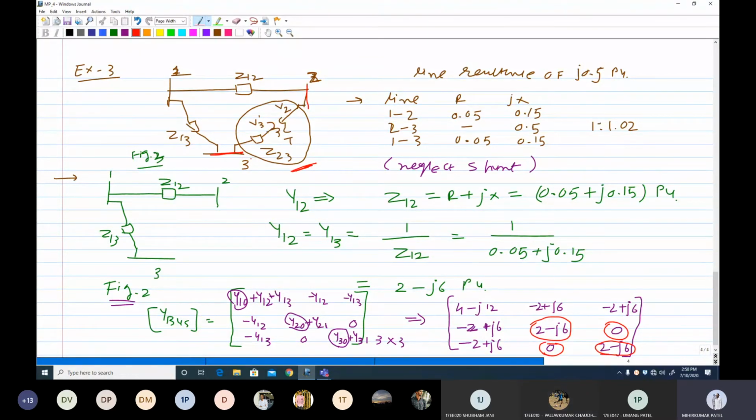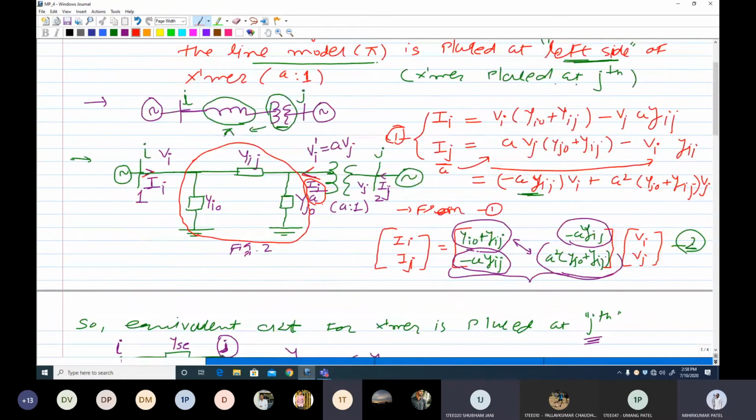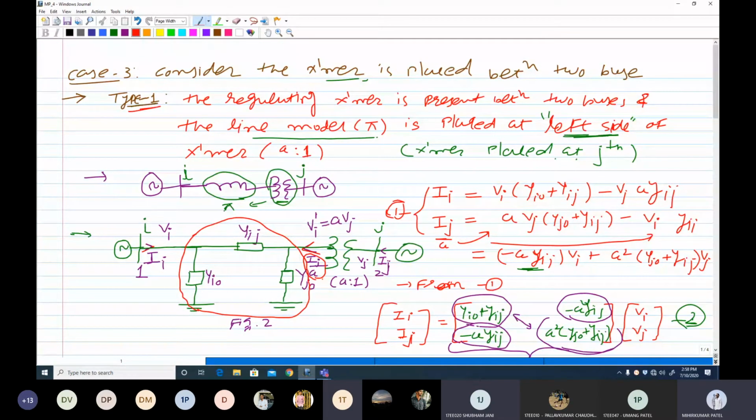So looking at both cases, which case are we going to apply for calculating this example? Type 1. How type 1? What is type 1? Transformer on one side, Z, transformer, left side power transfer.